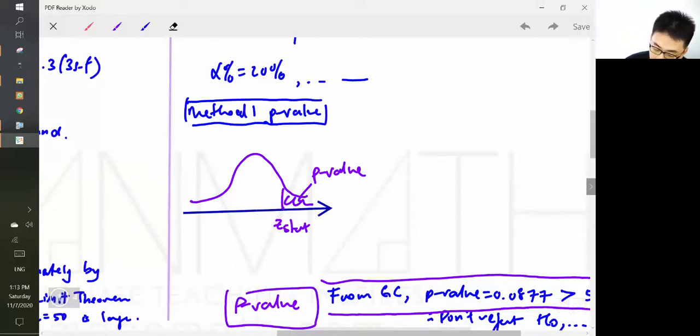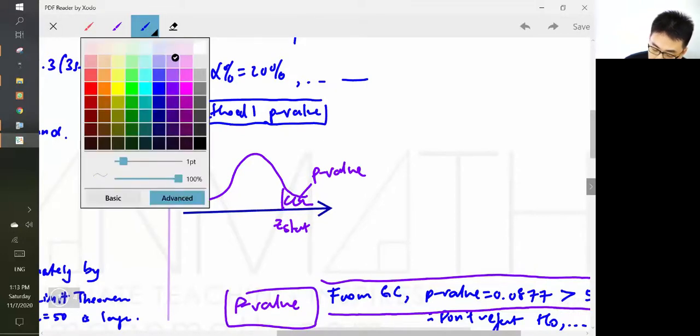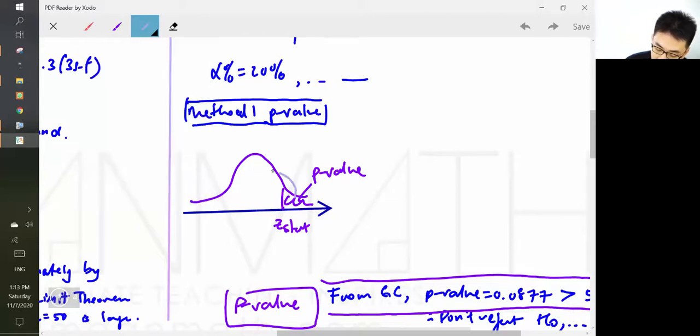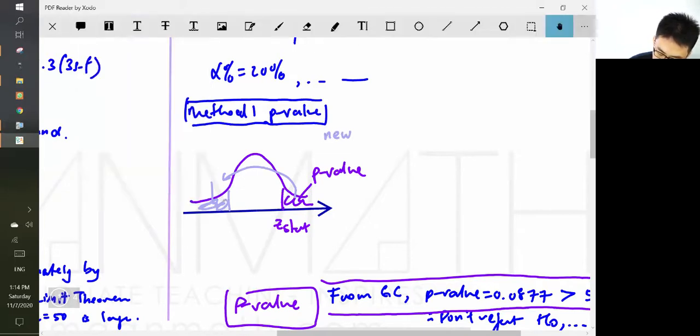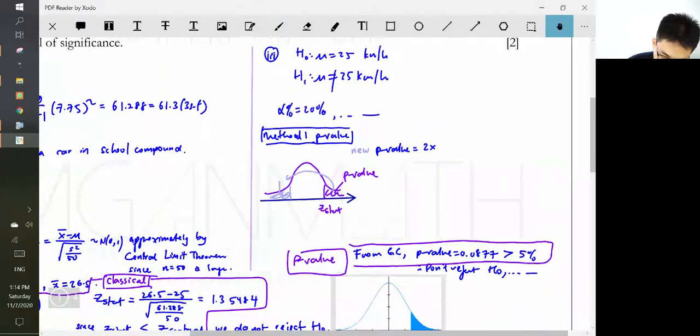But when you change it to two-tail, your p-value will replicate on the other side. So the new p-value is actually 2 times the old p-value, because it replicated, that's all.